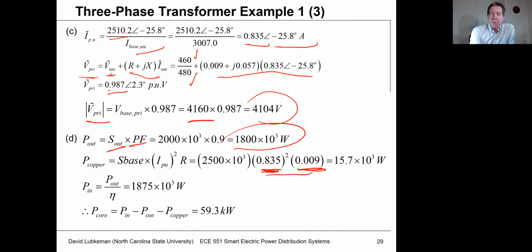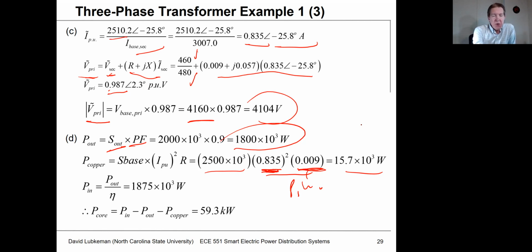Note that this multiplied out would give me a per unit value. If I want to get this in terms of watts, I have to multiply by S base. And so this is 2,500 times 10 to the third, which gives me an actual copper loss of 15.7 times 10 to the third watts.